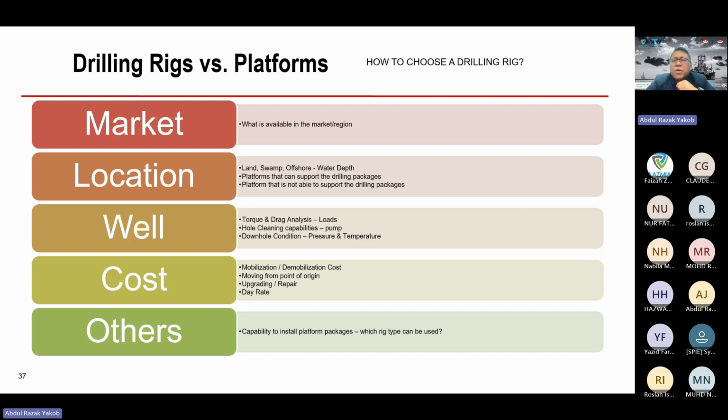Next is of course what kind of well will I be drilling? I need to look at how much load I need. When I talk about loads, I talk about how much I want to drill into the hole, so that the rig can actually pick up that particular weight. Because as I mentioned, it's all drill pipe, steel, carbon steel, so it's very heavy.